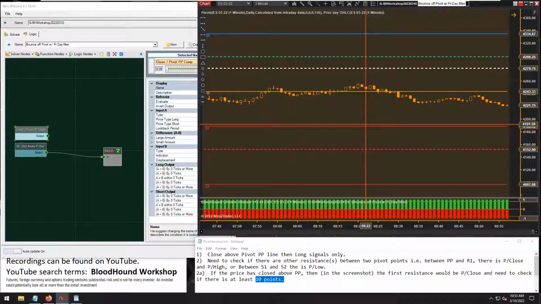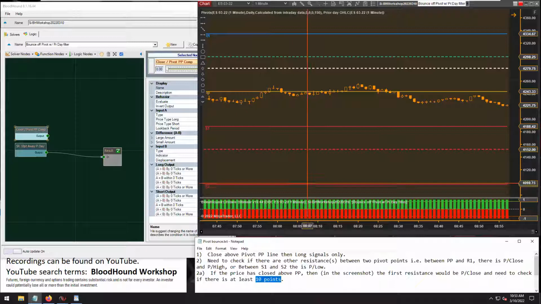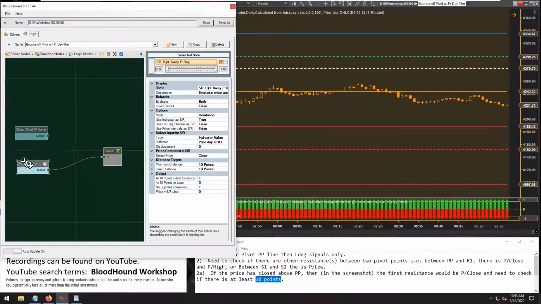So even from one pivot line to the next, they could be so compressed that those pivot lines are within 10 ticks or 10 points of each other, right? So that's the other thing.